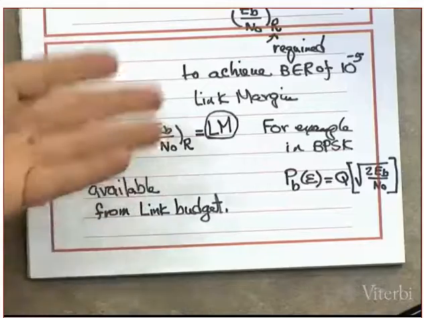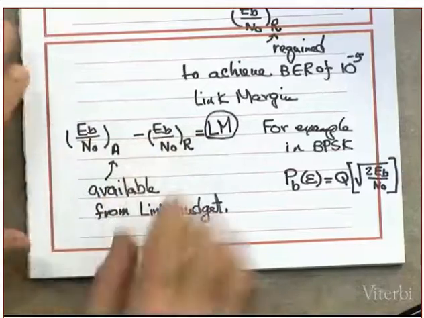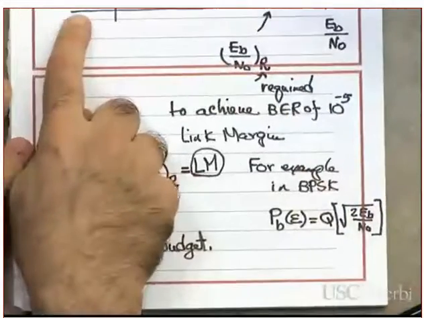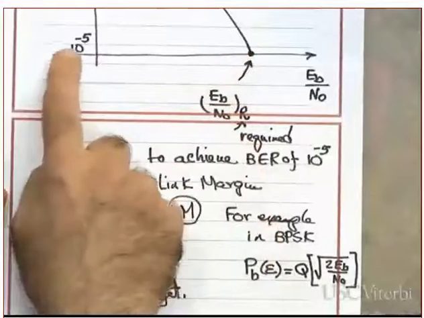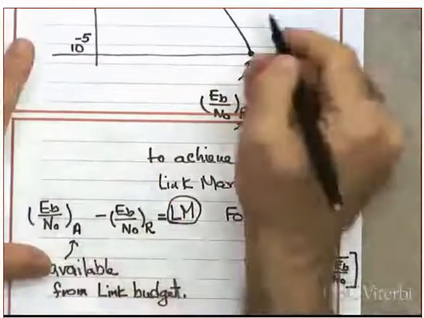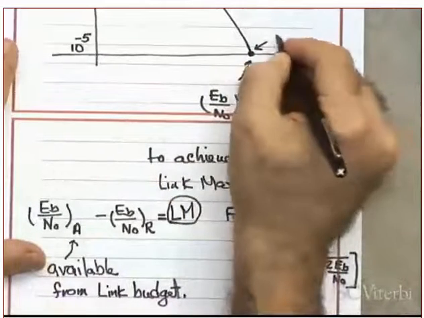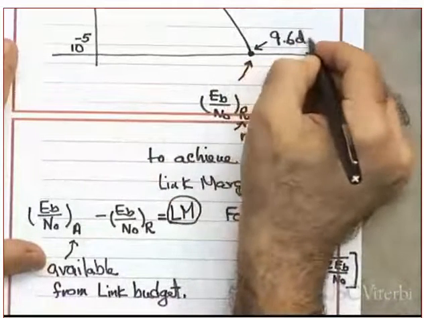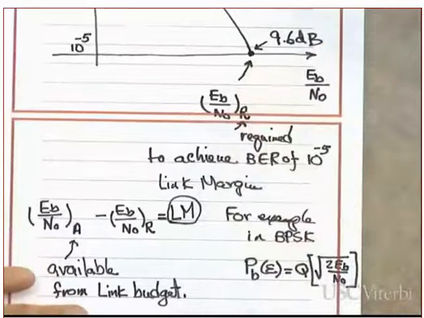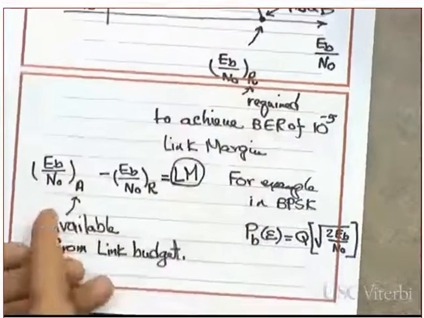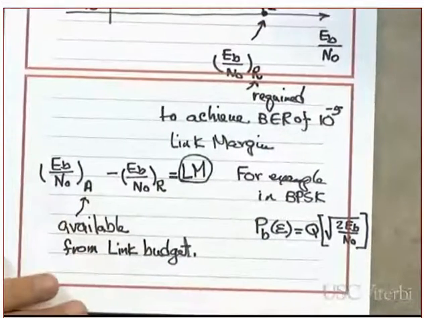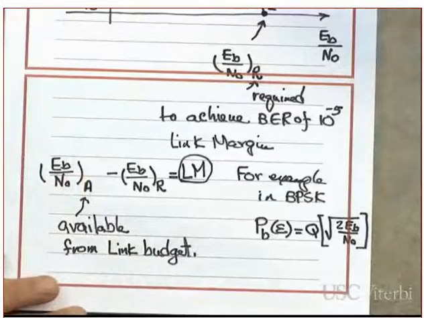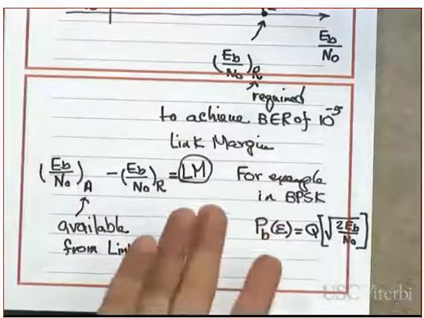For no reason. The required bit error rate of 10 to the minus 5: anybody knows what this value is? I don't expect you to remember it, but if you put in the equation, you will get 9.6 dB. If it is 9.6 dB, will it make sense to build your budget such that Eb over N0 available is 30 dB? 9.6 is good enough.